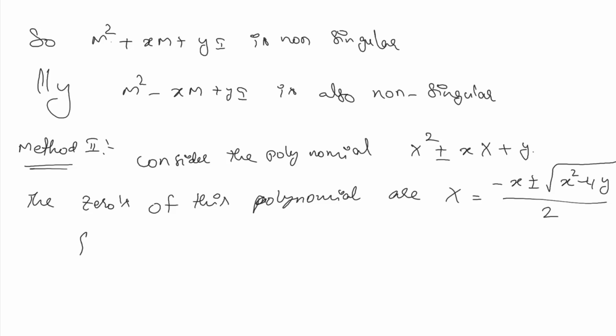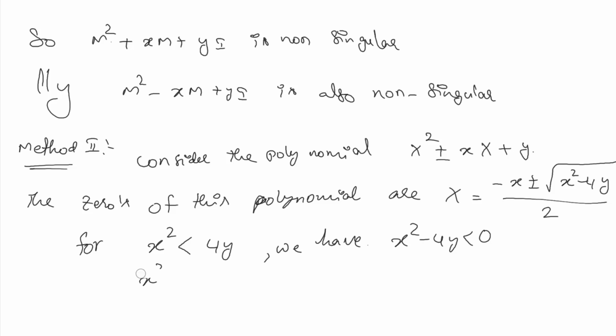And we have that for x square strictly less than 4y, we have x square minus 4y strictly less than 0.